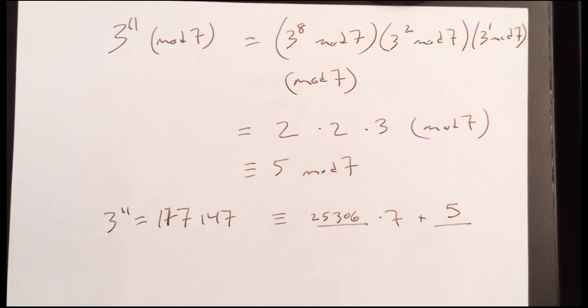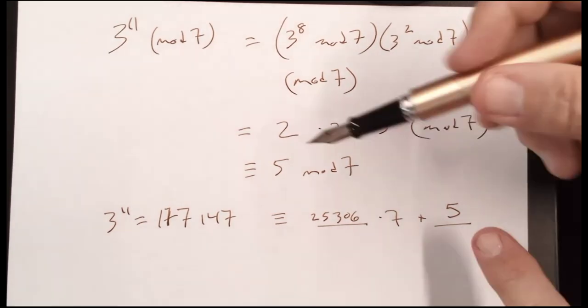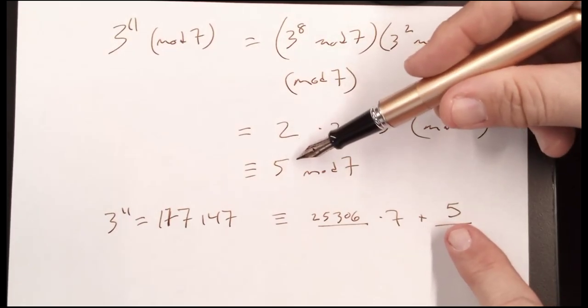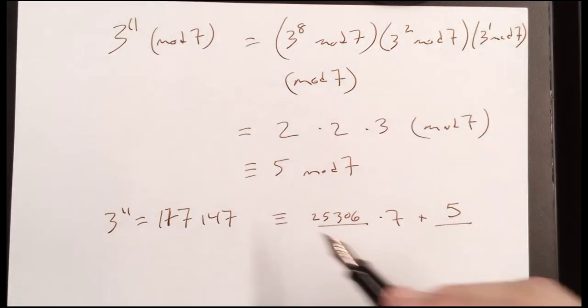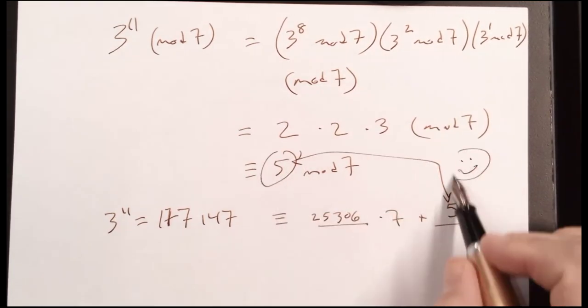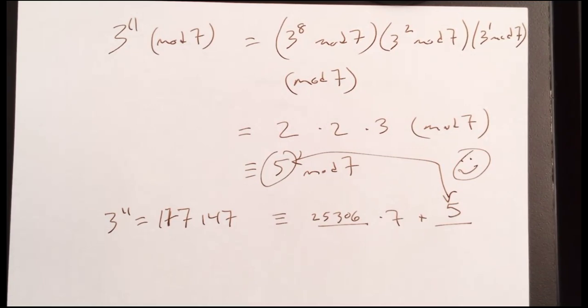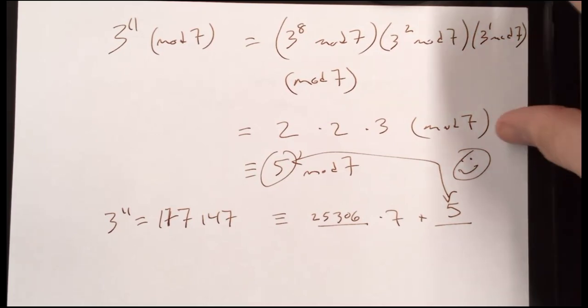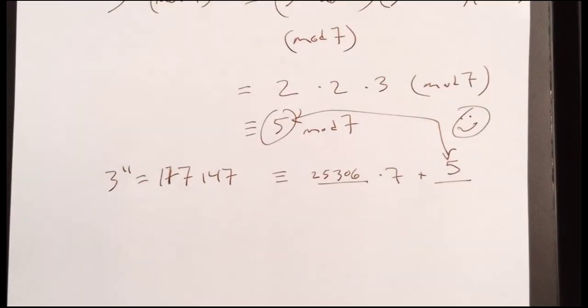This is 5, we have a problem. I never had to work out the number. This is particularly useful if my goal is only to get the remainder.